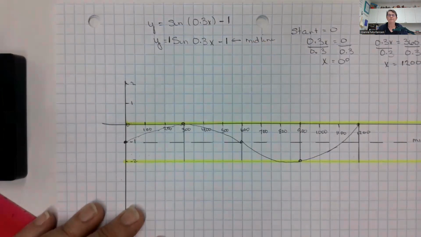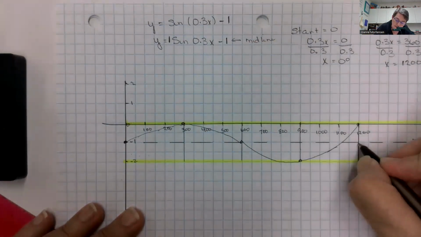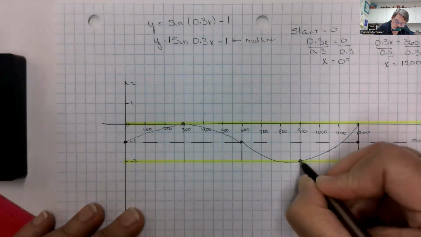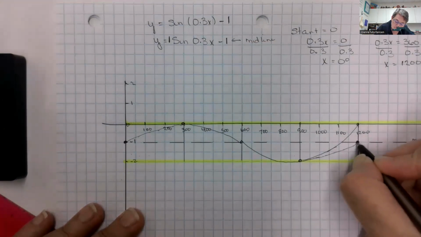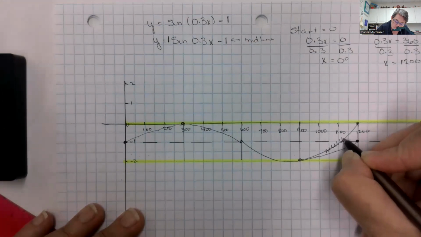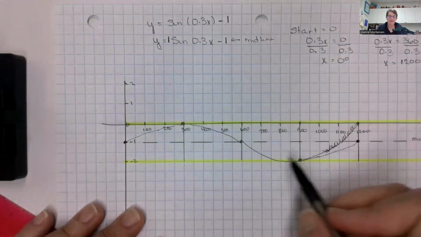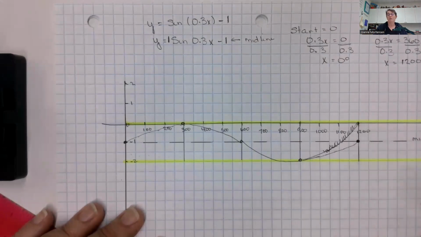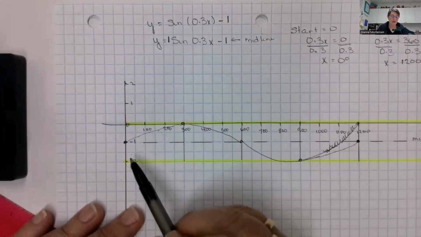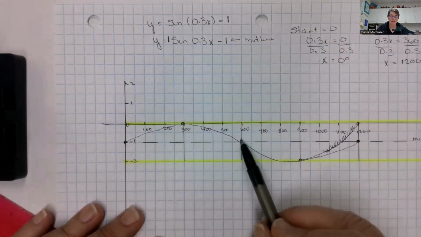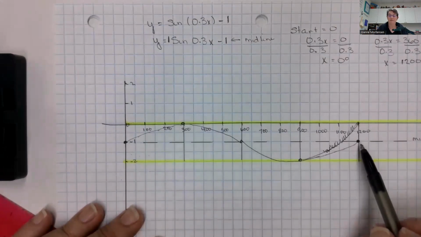No, there we don't go. Notice how my graph looks a little wonky over here. It's because this one should have went to there. And it was funny because my brain said go to the middle, but then, oh no, the dot's at the top. I need to connect to the dot. Well, there you go. Middle, top, middle, bottom, middle.